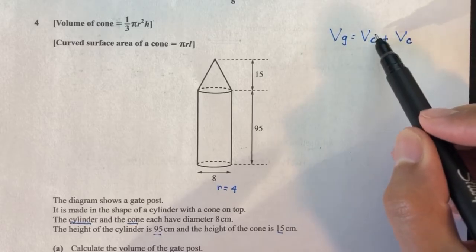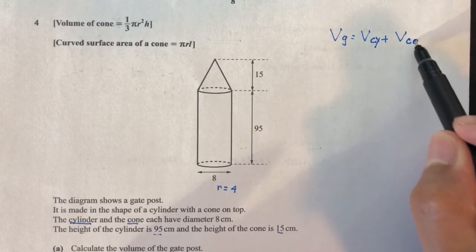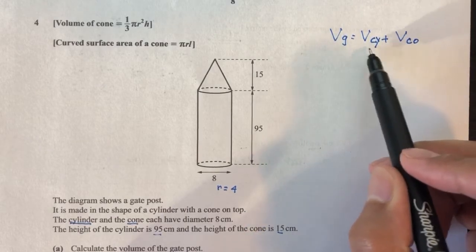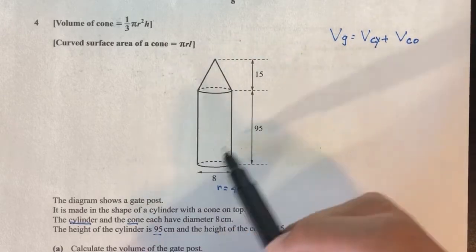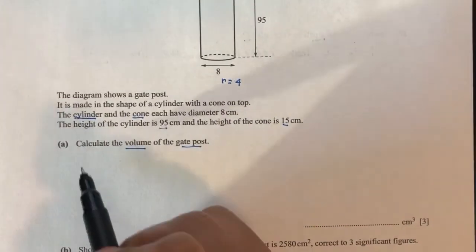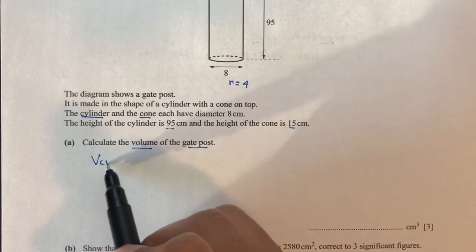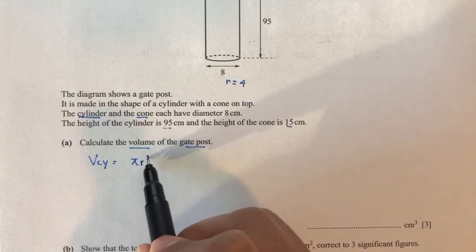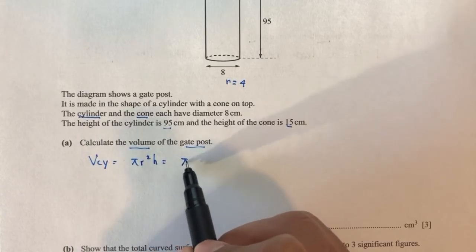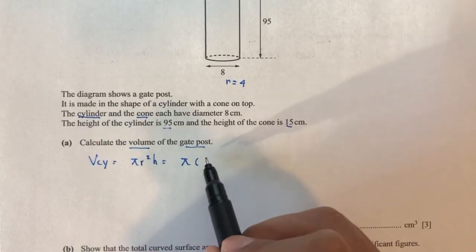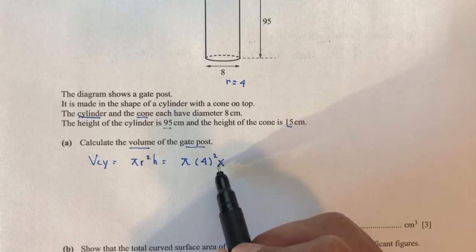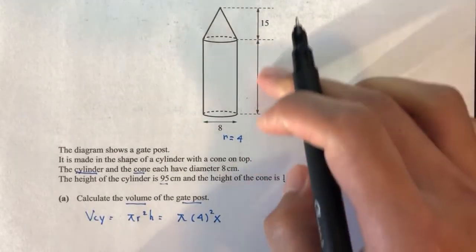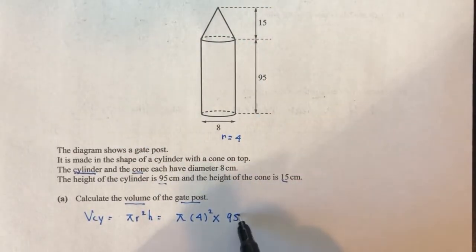Let's call cylinder CY, cone is CO. So let's first find the volume of the cylinder. VCY, we have a formula for that. It is pi r square h. So pi times r, what is r? Is 4 square times h. So the height is 95 for the cylinder.